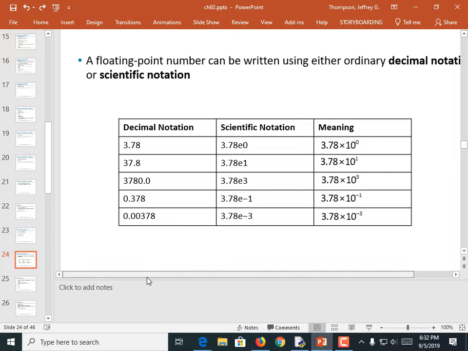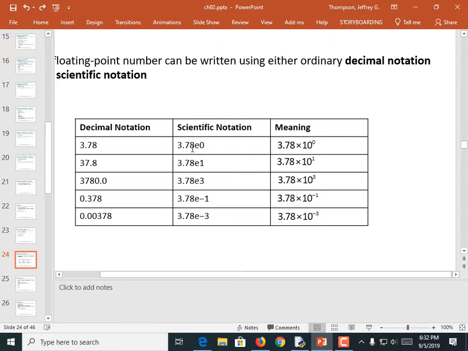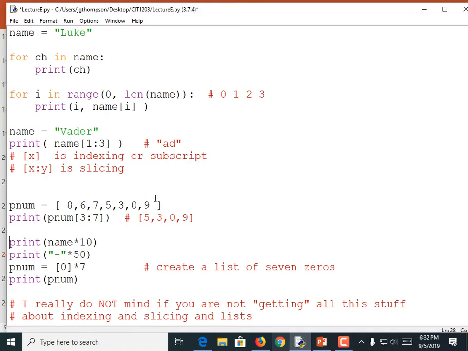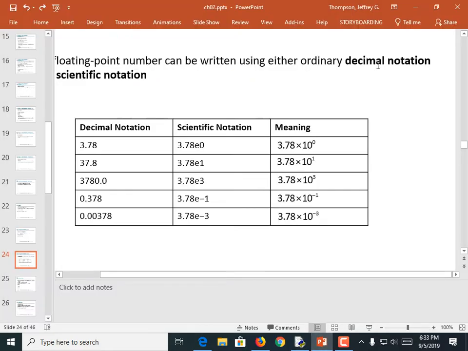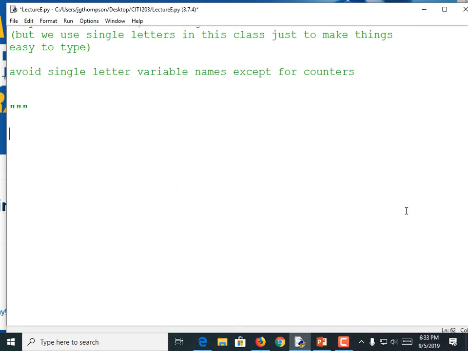So floating point numbers, you can use scientific notation inside your code, or exponential notation, I should say. Maybe it's called scientific. I guess that's what they call it, so I could call it that too. Decimal or scientific. So if we have x equals 340, that's the same thing as x equals 3.4 exponent 2.